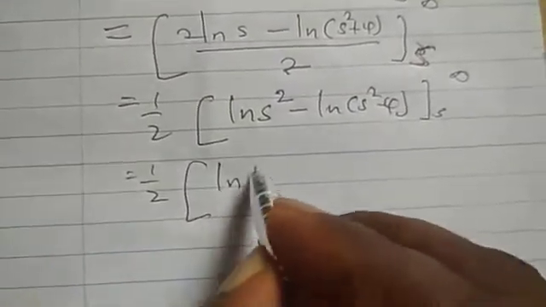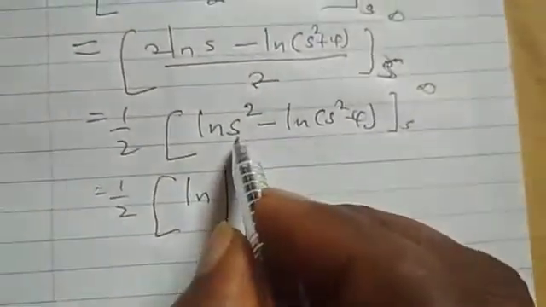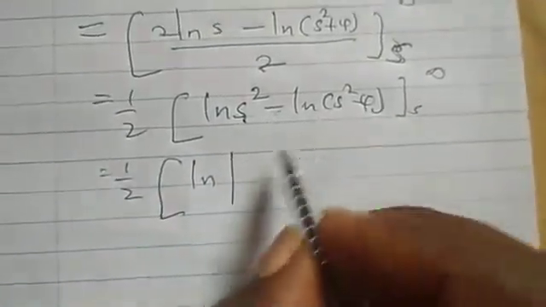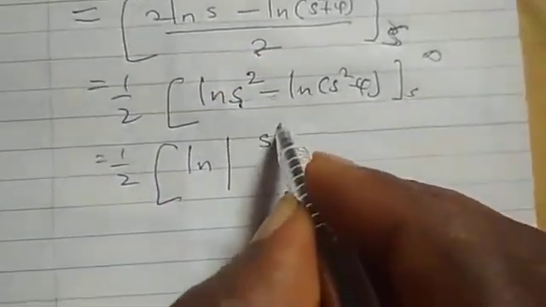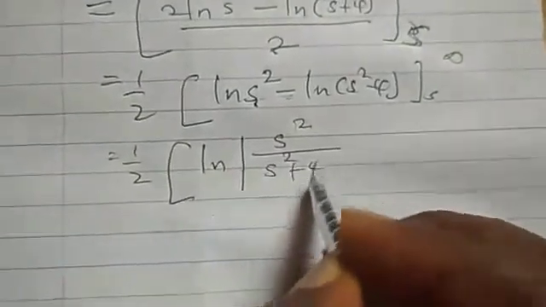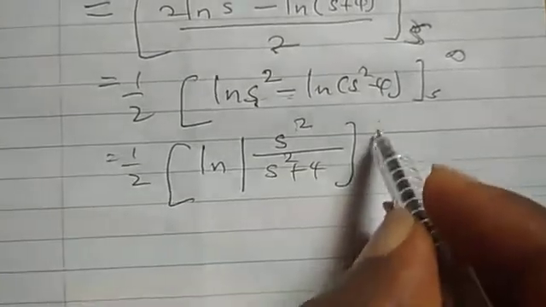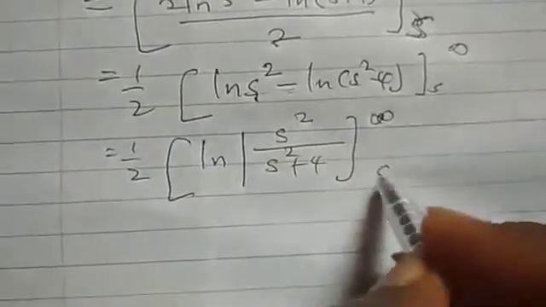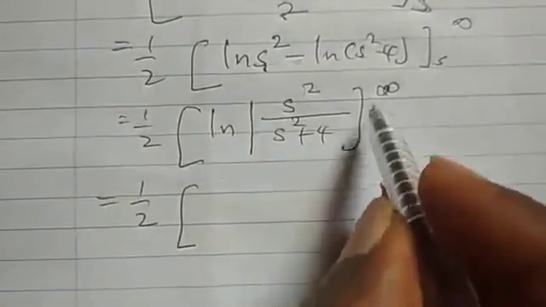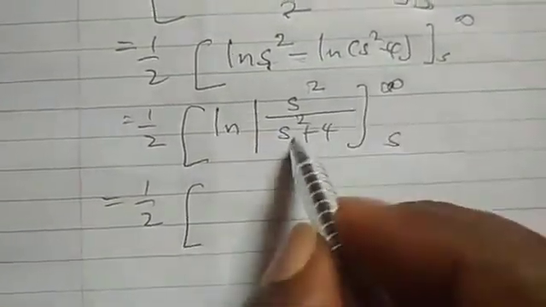Remember, according to the law of logarithm, this minus becomes division. So we have this over this, from infinity to s. Now if you put s to be infinity, we have to find the limit.